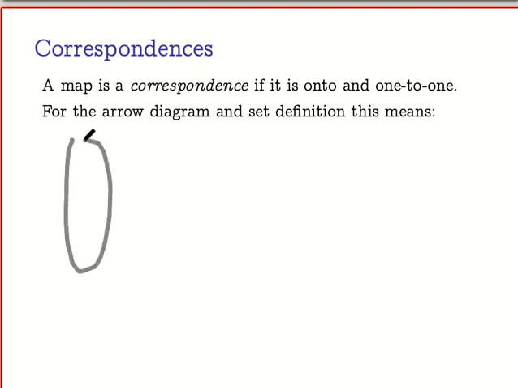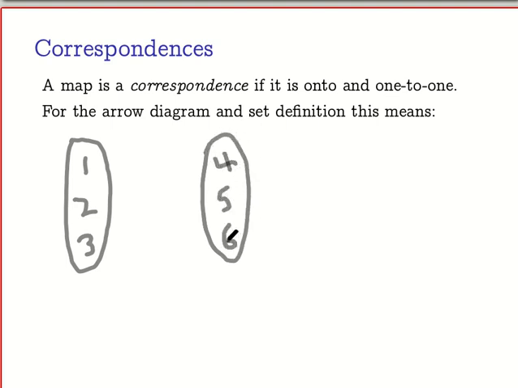So let's choose a domain with elements 1, 2, and 3, and a codomain with elements 4, 5, and 6, and we can make a pairing of, say, 1 with 6, 2 with 5, and 3 with 4.